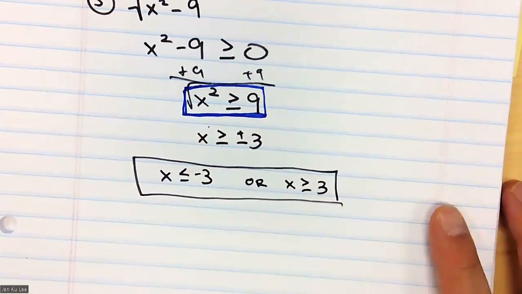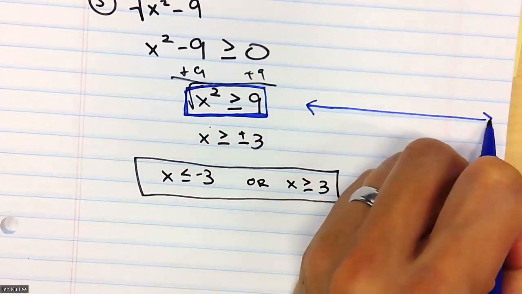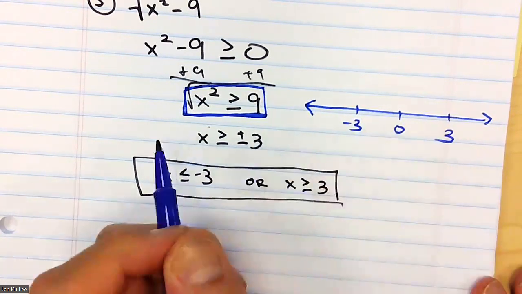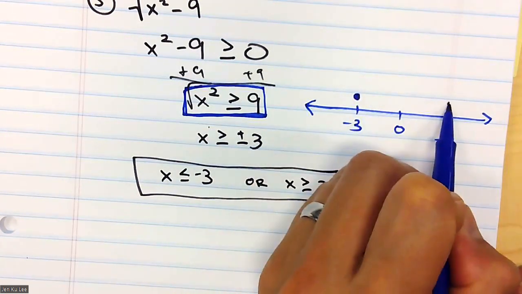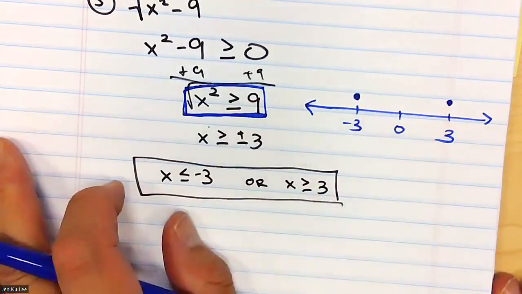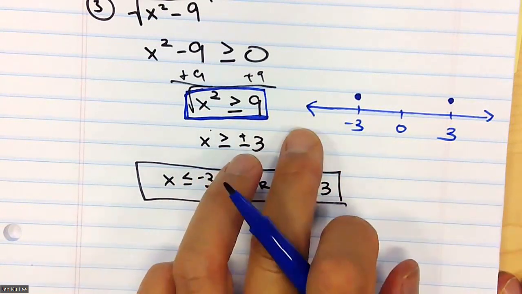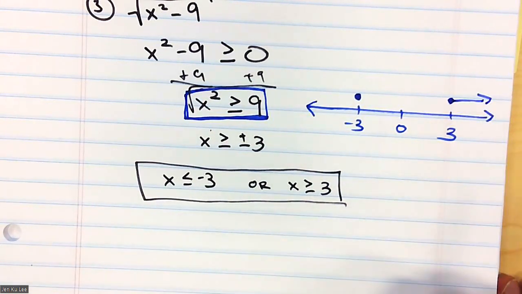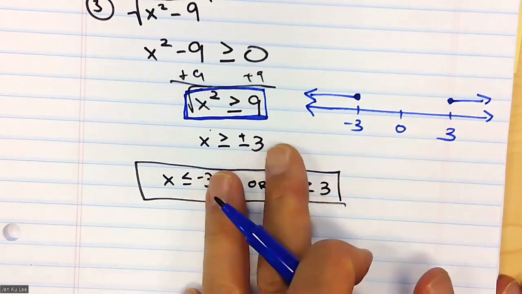No. So if I jot this down on a number line: 0, let's say this is negative 3 and this is 3. It could be equal, so that's why they're closed circles. Sebastian said 9 as an example, so it could be this way, or it could be negative 9, or that way.